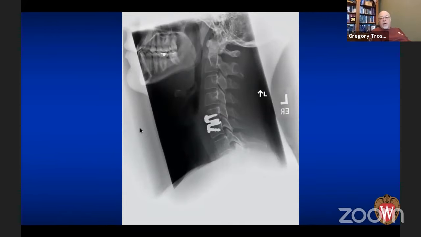young guy with well-maintained disc space height. And I am a believer that there is increased rates of adjacent segment disease and reoperations in patients that have fusions. That, of course, wasn't borne out until the studies started to have seven-year follow-up or longer.